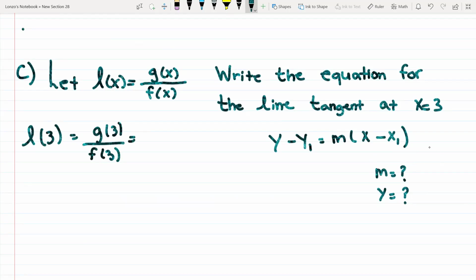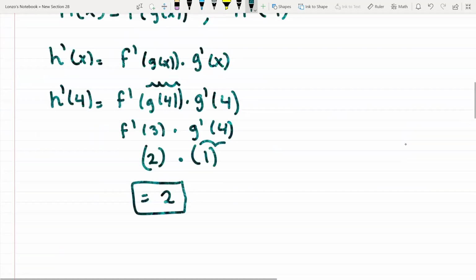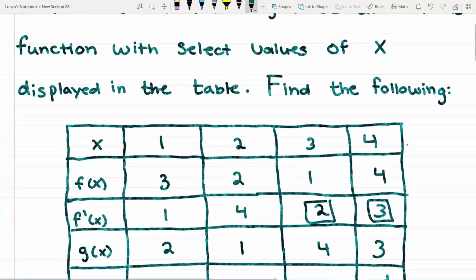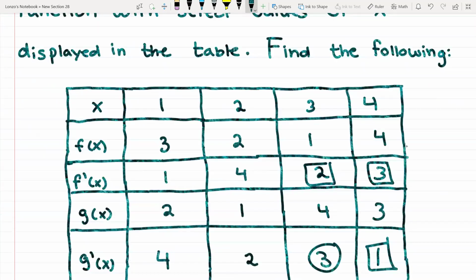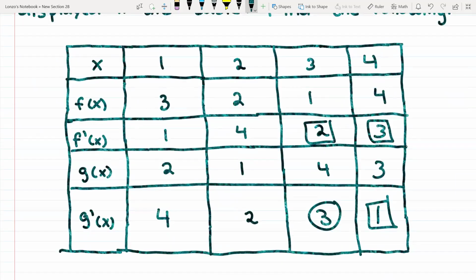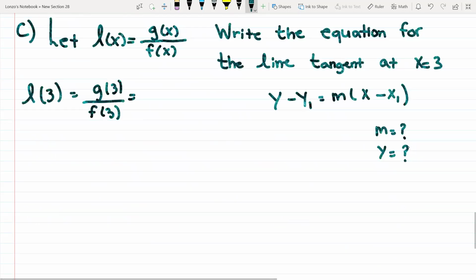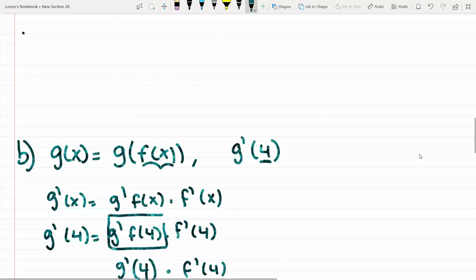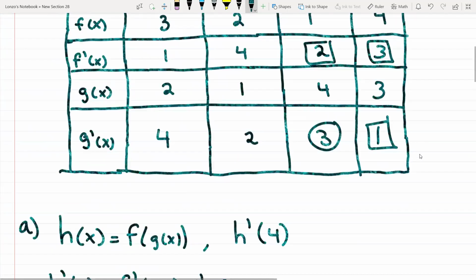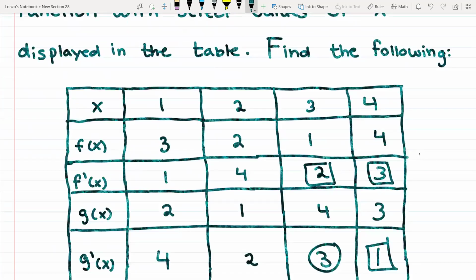And what is g of 3? Looking at the table, g of 3 spits out 4, right? And then f of 3 spits out 1.